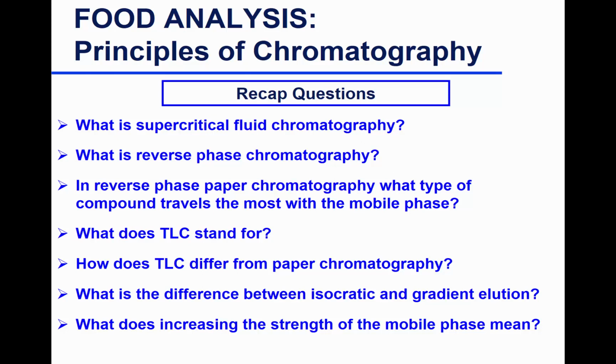Ali, what about gradient? You change the concentration over time. You make a change in your elution. Whatever that change is, either gradually increasing or decreasing a certain concentration, or abruptly changing the mobile phase, doesn't matter. As long as you make a change, it becomes labeled as gradient elution.